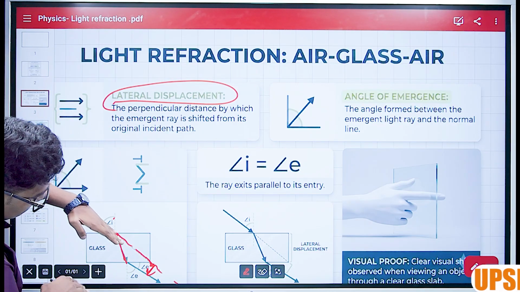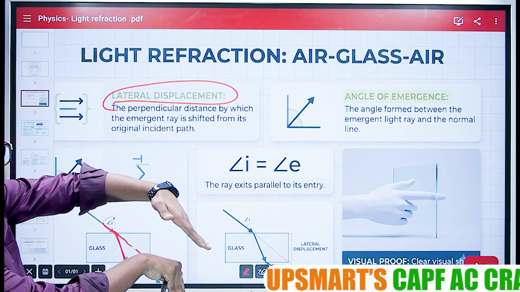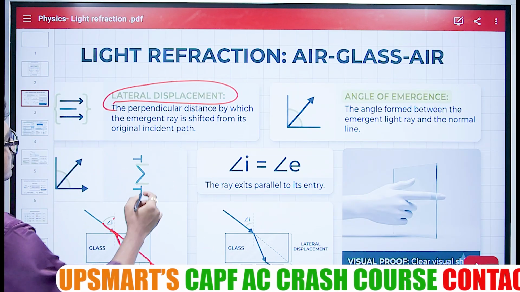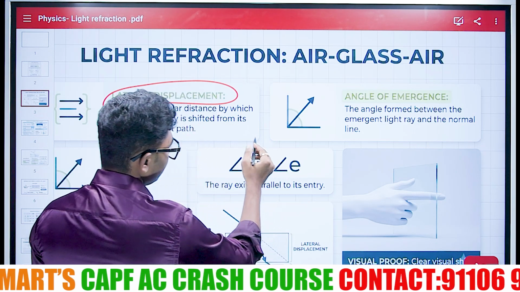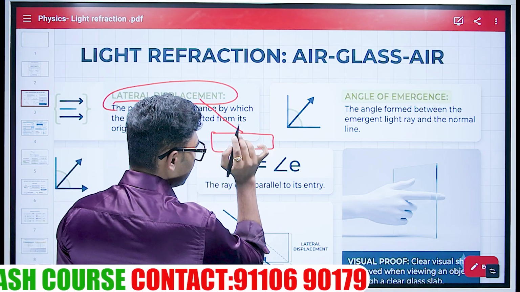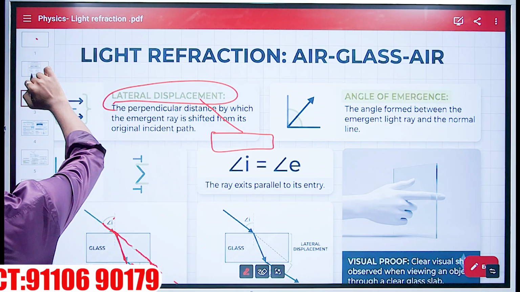See, the path which it has to follow and the path which it has bent. I'll give you brief information. I'll take a blackboard.